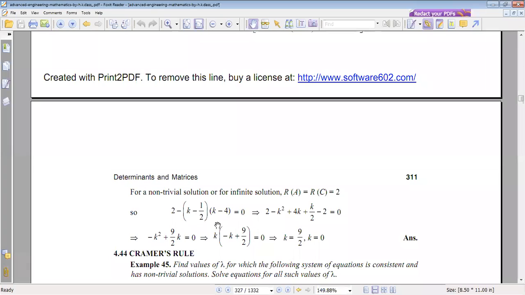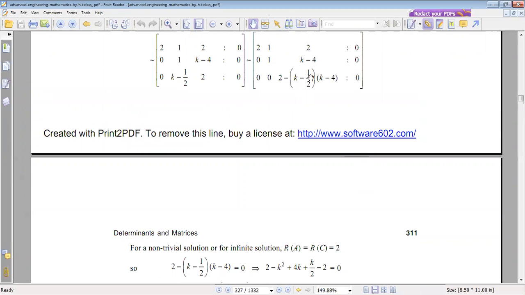So this one must be equal to 0. After solving this one, we got the value of k is equal to 9 by 2 or k is equal to 0. Simply see here, this must be equal to 0, then only rank of the matrix A is equal to 2, and then it has a non-trivial solution.